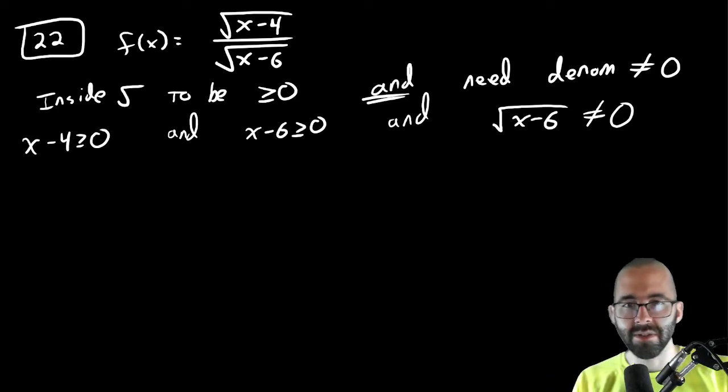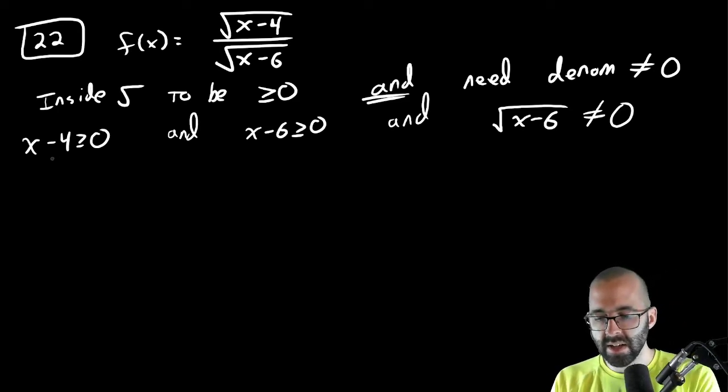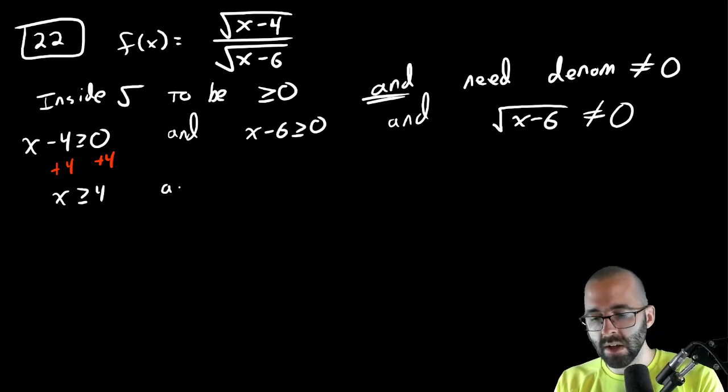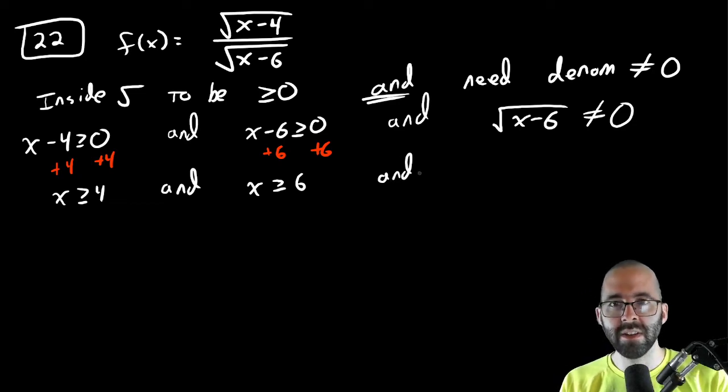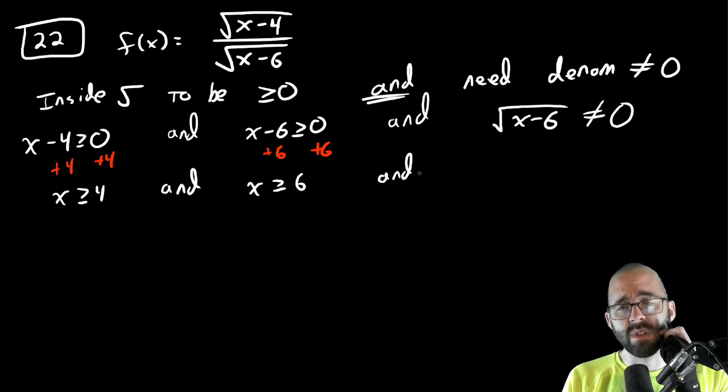So we're going to have to solve a little bit. If we solve each of these, add 4 to both sides, that's going to be that x is bigger than or equal to 4. And solve this one: x is bigger than or equal to 6. And solve this other one. We have to get rid of a square root.